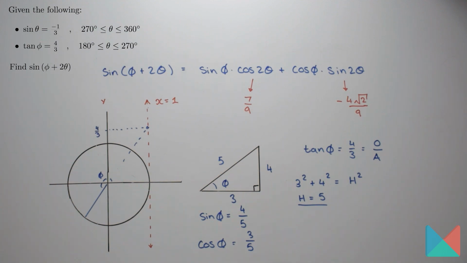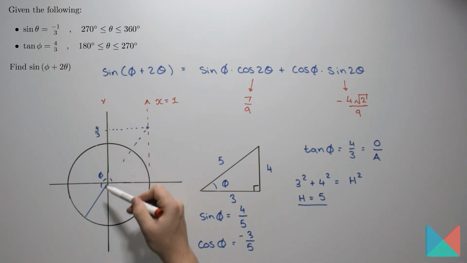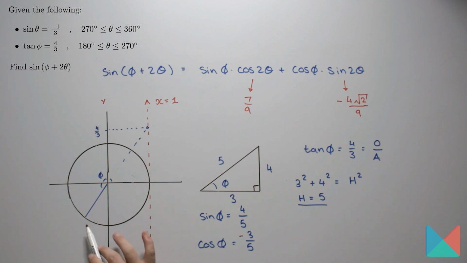And because we have a negative value for cos of phi, we're going to have to make our value negative here. And also our value of the y-axis is read on the negative y-axis. And so our value for sine of phi will also be negative. Now let's rub this out to leave some room to finish off our problem.